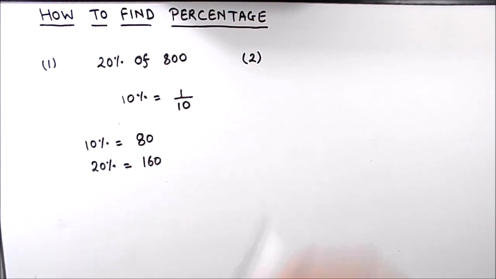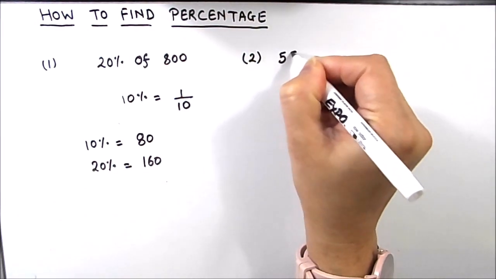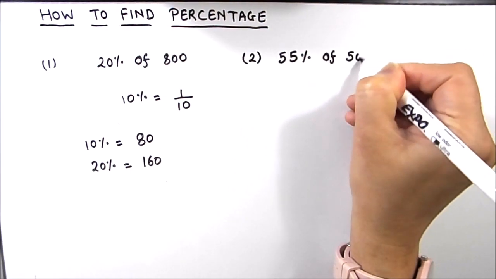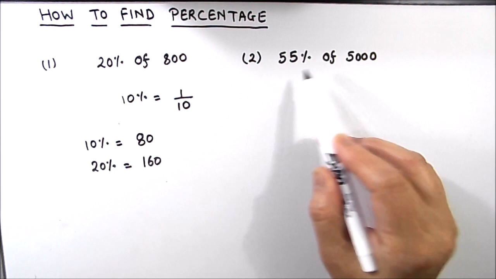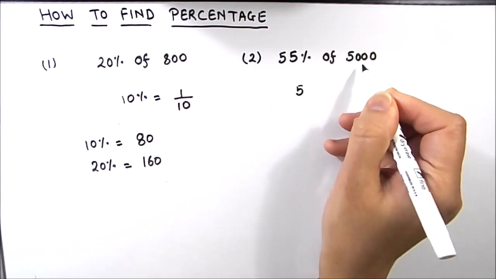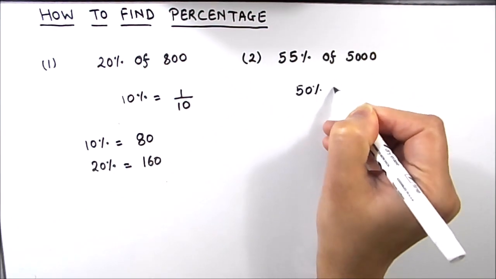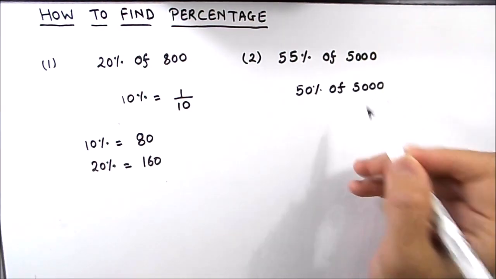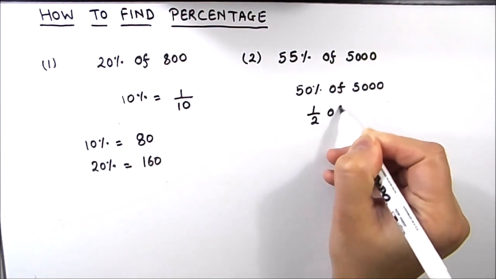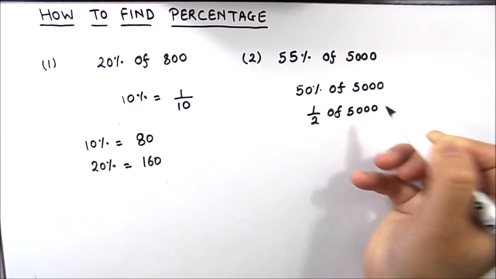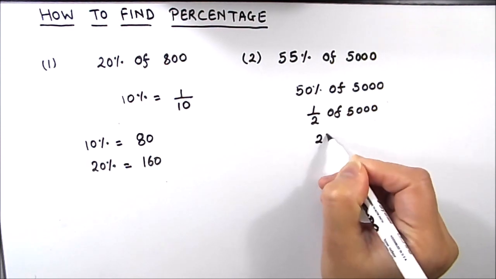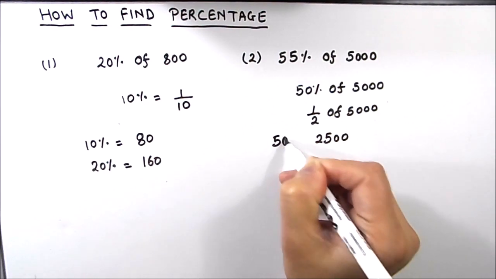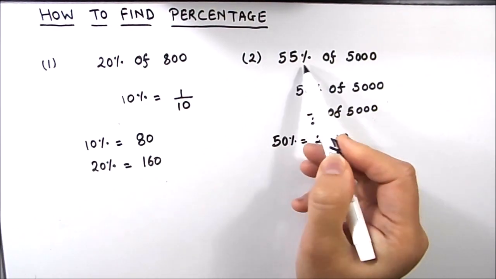Let's solve a few more examples and find 55% of 5000. For finding 55% of 5000, we can first find 50% of 5000 orally. 50% of 5000 will be half of 5000, which we can find out without the use of a calculator, and it is 2500. Now this is 50%. We need to find 55%.